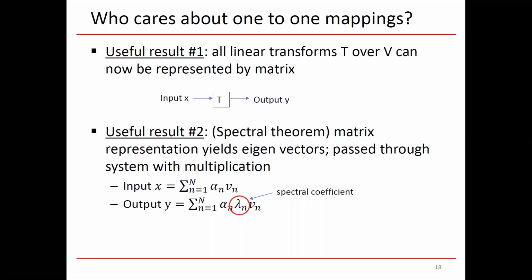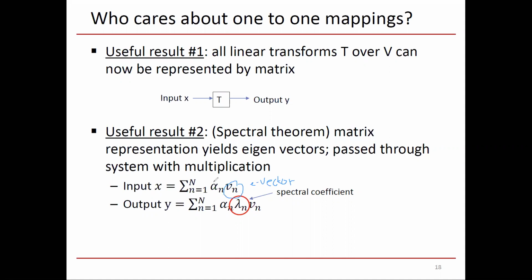That's it. So at the input, we have a summation over alpha n vn as before. And the spectral theorem is telling us that this is a linear operator, and each of the vn's is going to be an eigenvector, and each of the eigenvectors is going to be multiplied by lambda n.